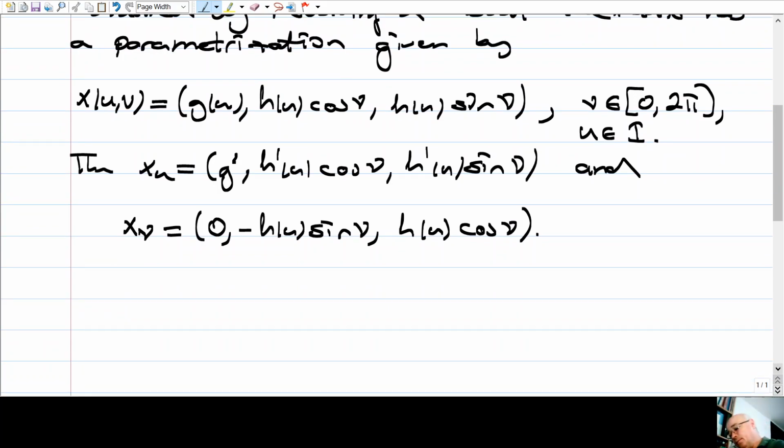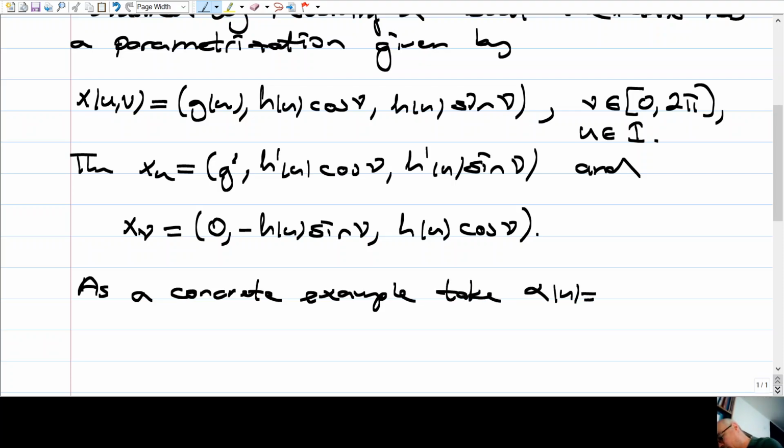For example, as a concrete example, take alpha to be a circle as follows: take alpha(u) to be the circle given by 3 plus cosine u, and then sine u, and then 0.